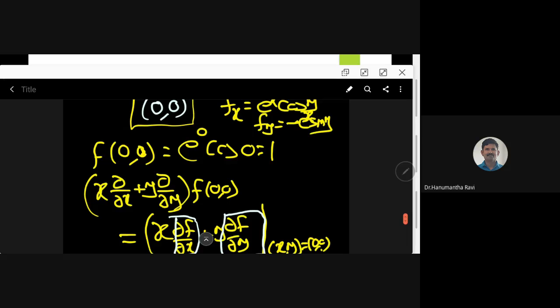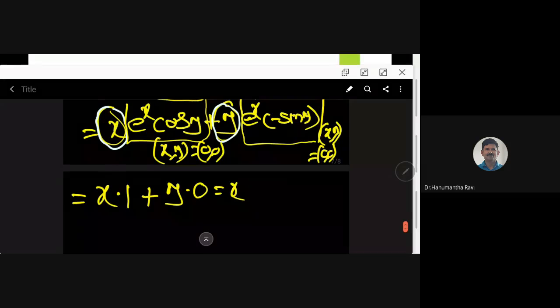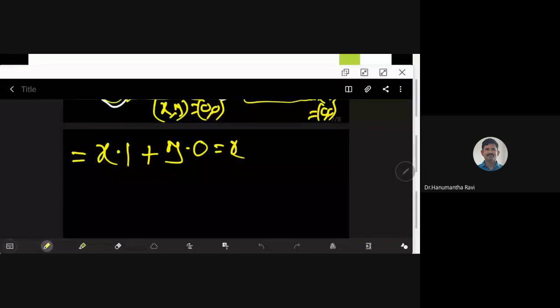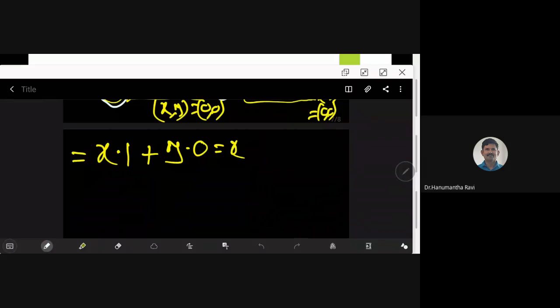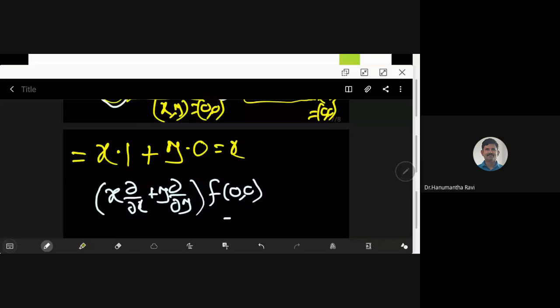I rewrite this so that no confusion will be there. What we need to say here: x ∂/∂x + y ∂/∂y. The meaning of this is simply the x we brought from here.